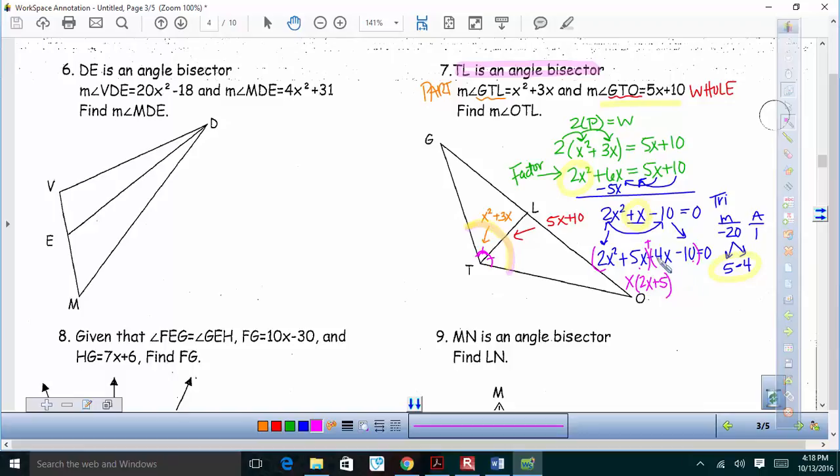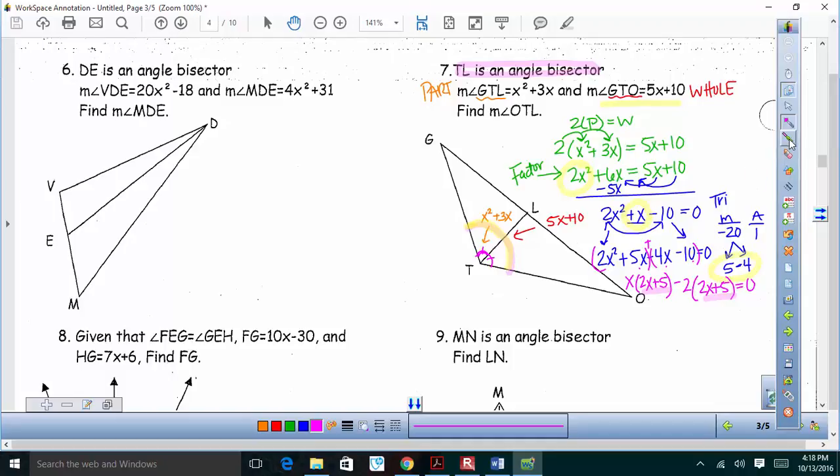My greatest common factor of negative 4x minus 10 is a negative 2, which would leave me with 2x plus 5. Now, if I did this correctly, the insides of my parentheses match, and they do. I have 2x plus 5 in both.